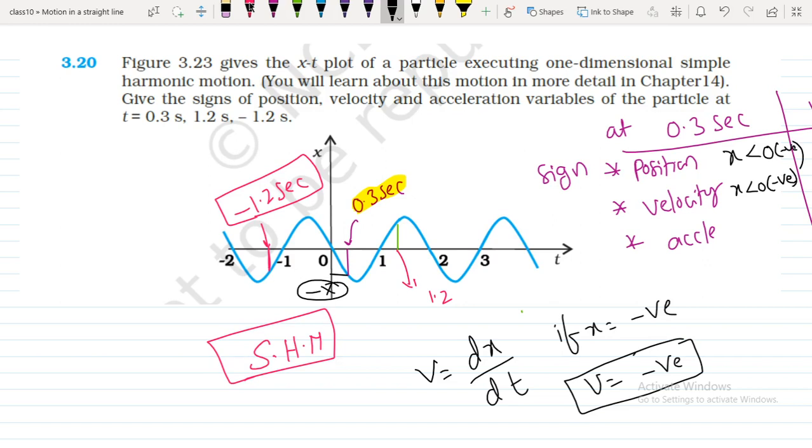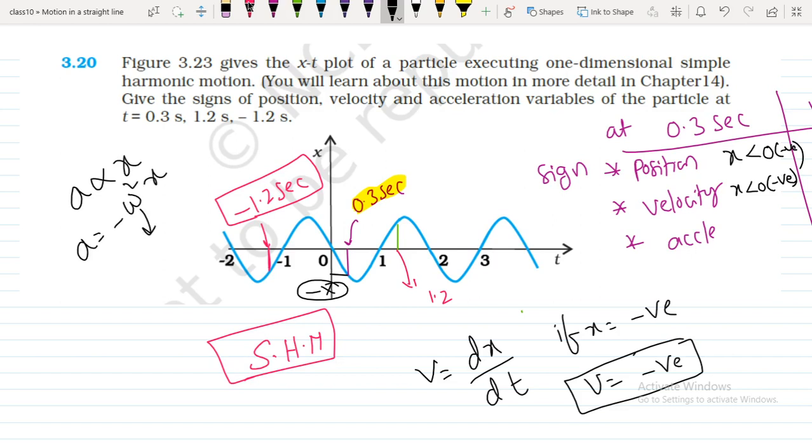And coming to acceleration, I will give a formula relation in SHM. Acceleration in SHM is directly proportional to displacement, and we write acceleration a equals minus omega squared x.